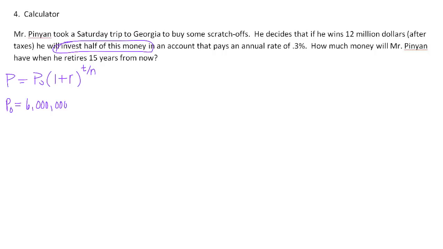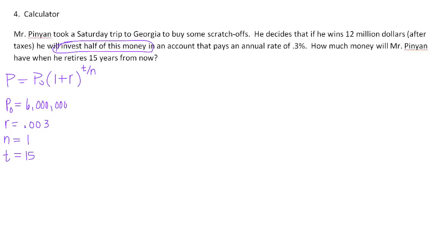He has an annual rate of 0.3%. We drop the percent and move our decimal 2 places to the left. And the number of times that rate happens is annually, and our time is going to be 15.